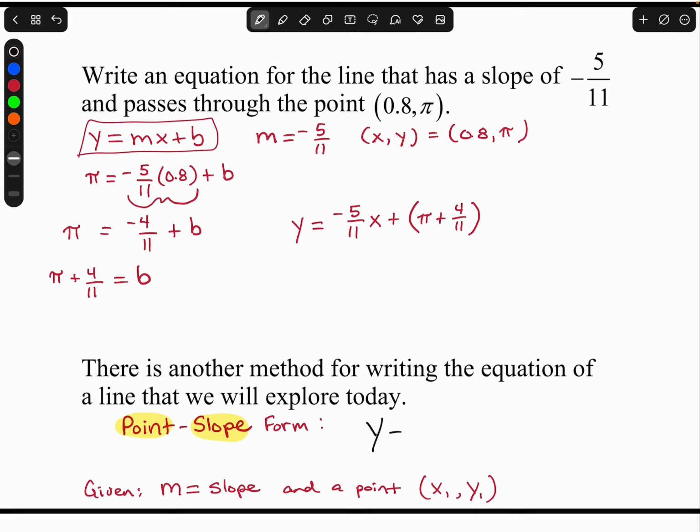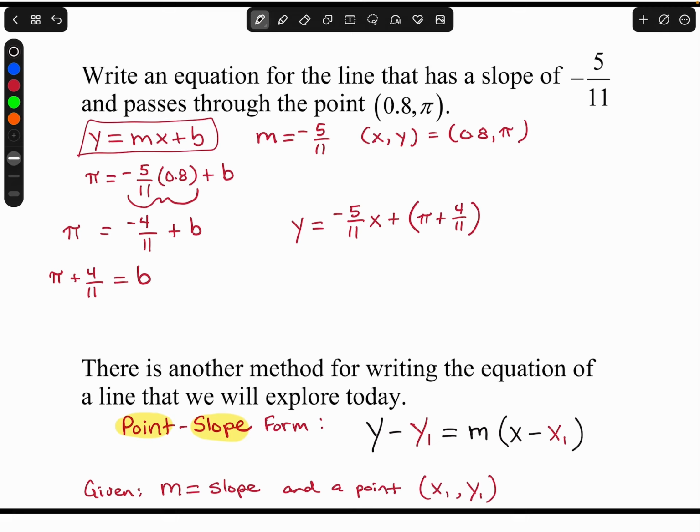We're going to say y minus that y sub 1, okay, so y minus whatever that y coordinate is equal to our slope, sorry, our slope times, in parentheses, x minus, and then we have that x coordinate.